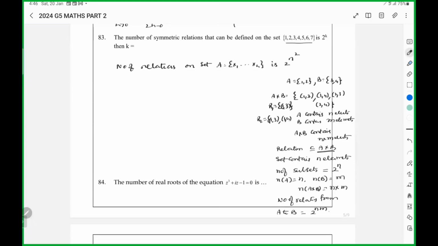Like this, any subset of it is a relation from A to B. Suppose if we ask relations on A, it is A cross A to A. So that means A contains n elements, so number of relations from A to A is 2 power n square.